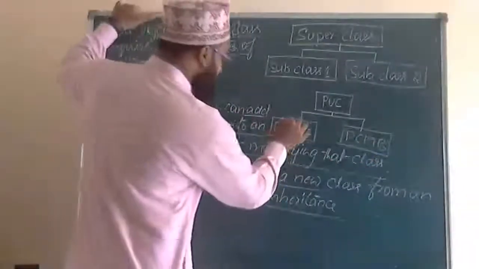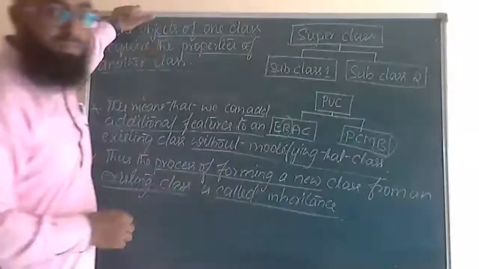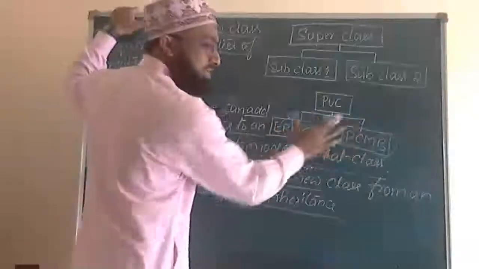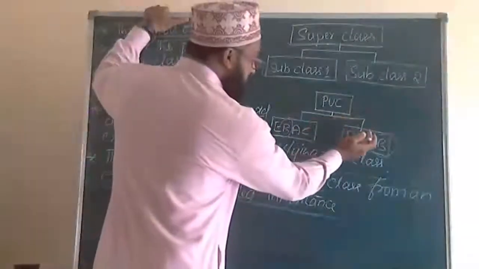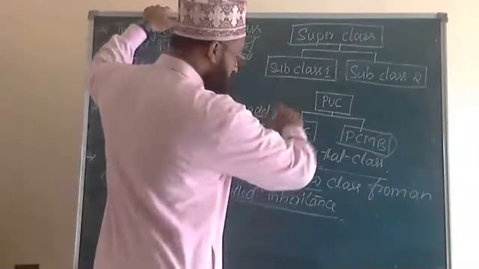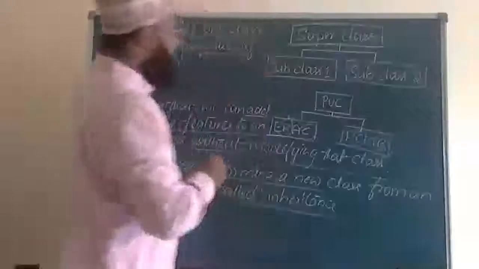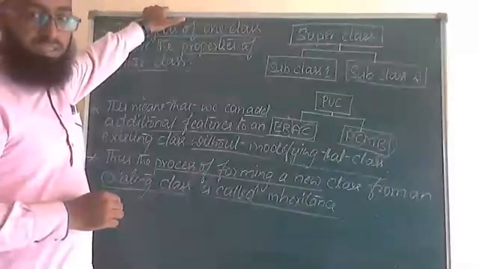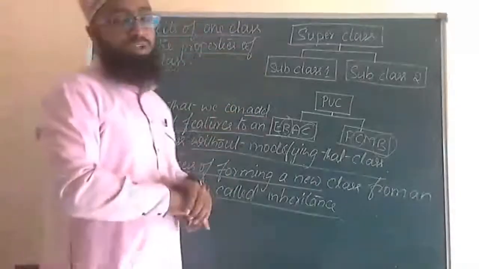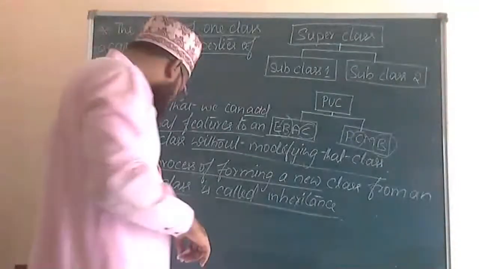And look here, B is the same under both classes. Just as an example, an object of this class can be acquired by this class, and the object of this class can also be acquired by this class, having the same properties. So this thing is actually called inheritance.